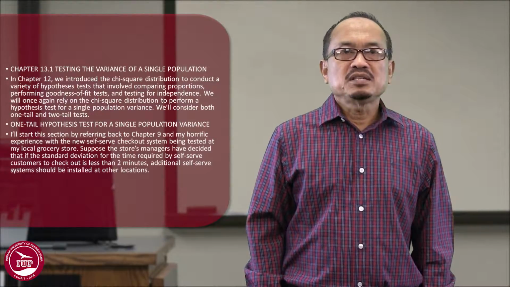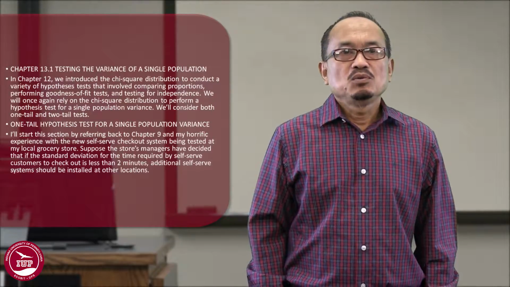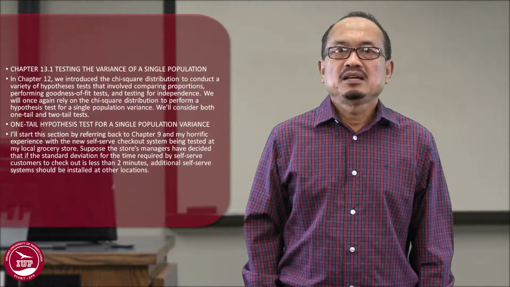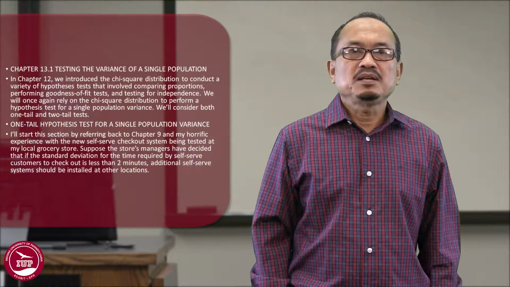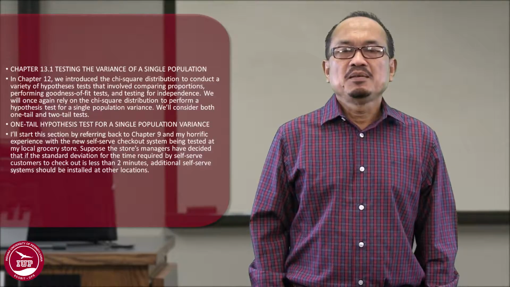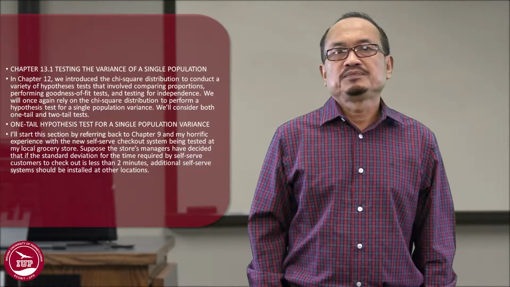One-tail hypothesis test for a single population variance. We will start this section by referring back to Chapter 9 and our horrific experience with the new self-serve checkout system being tested at our local grocery store.